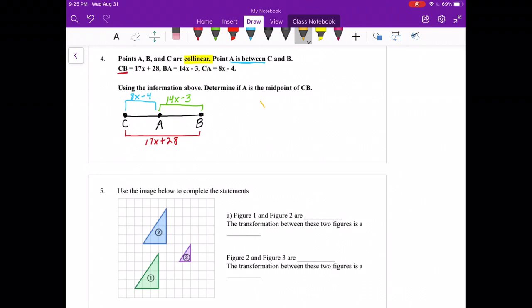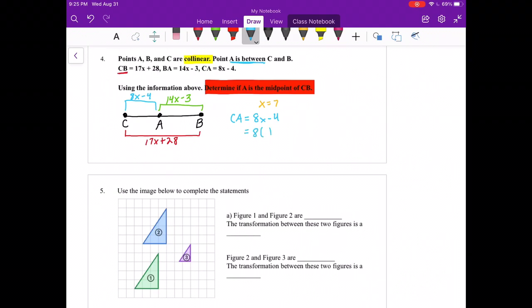Now that we know that x equals 7, we're going to use that information to determine if A is the midpoint of CB. We are going to do that by plugging x into each of these equations. So let's start with CA. CA is 8x minus 4.